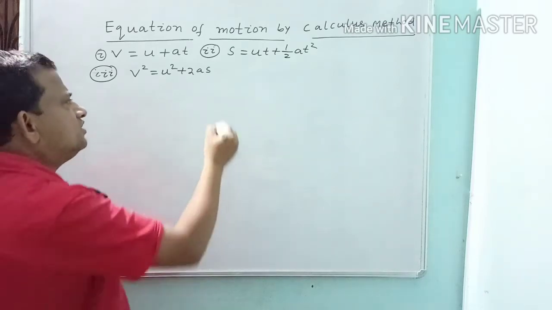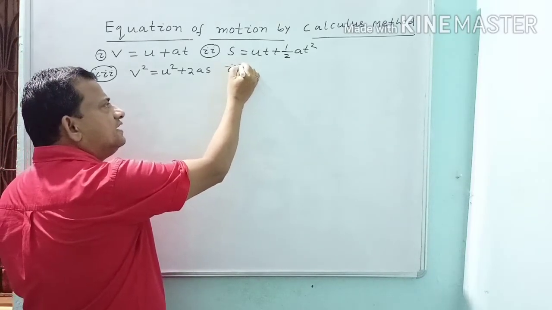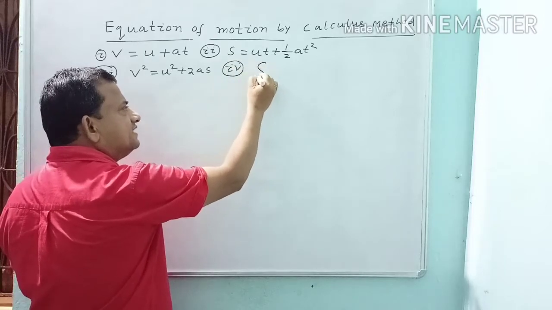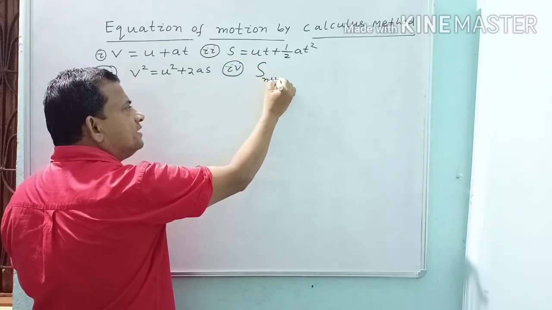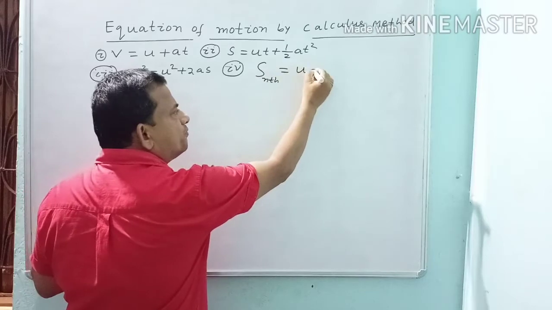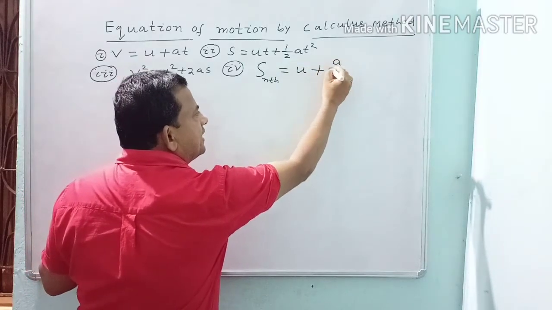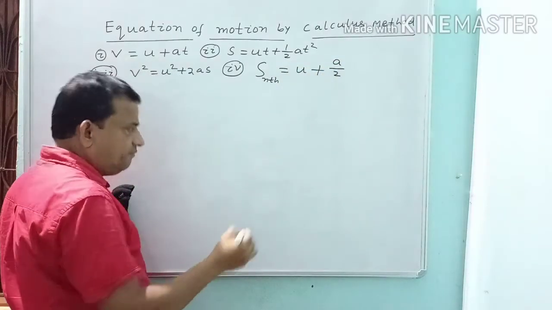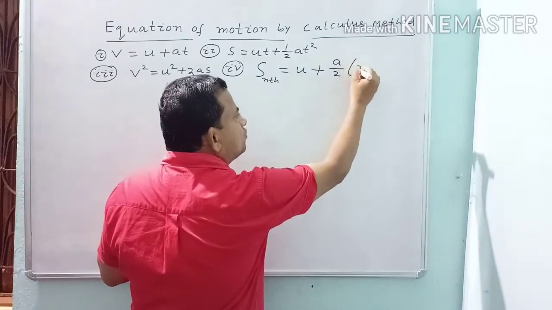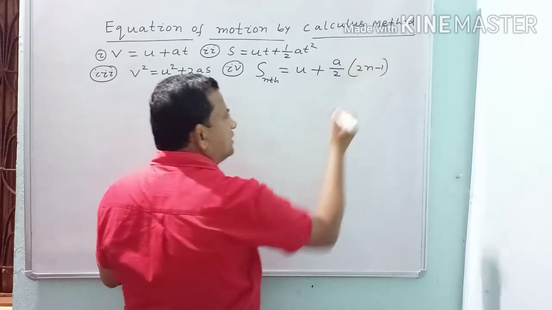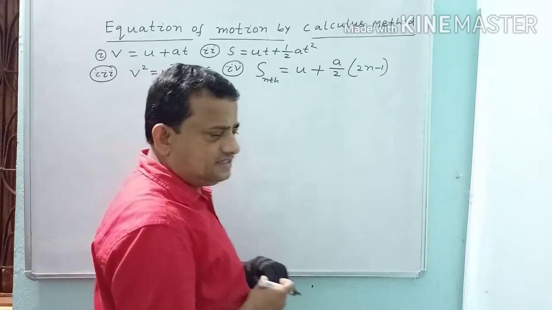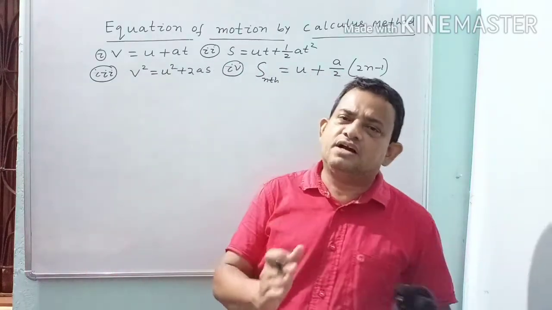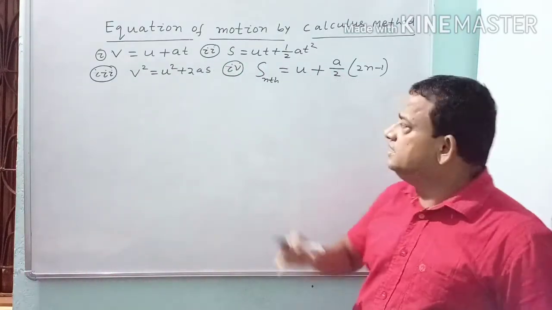Similarly, another equation is there, that is S nth is equal to U plus A by 2 whole into 2n minus 1. Students, what is the meaning of that equation?